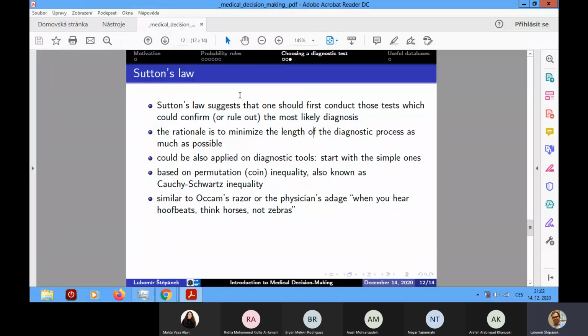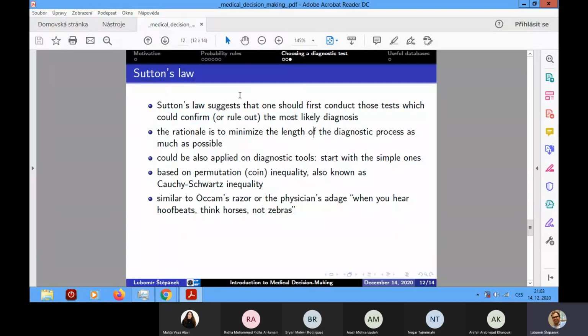So it means that we have a patient with a bunch of symptoms, and based on your experience or on the results of all the tests you got so far, you are able to think about, for example, 4 possible diagnoses, and you are not sure which one is the diagnosis of your patient.